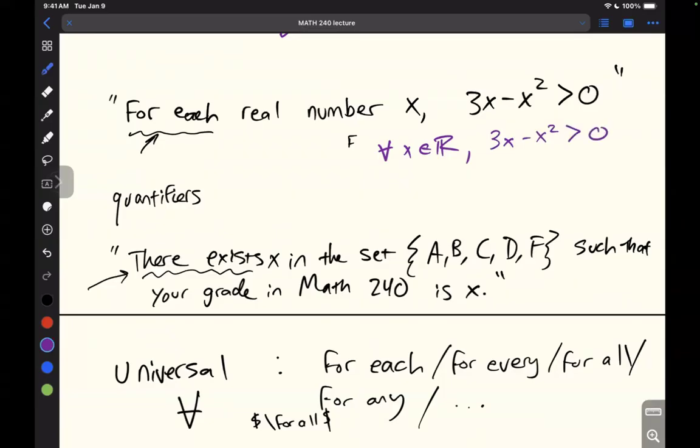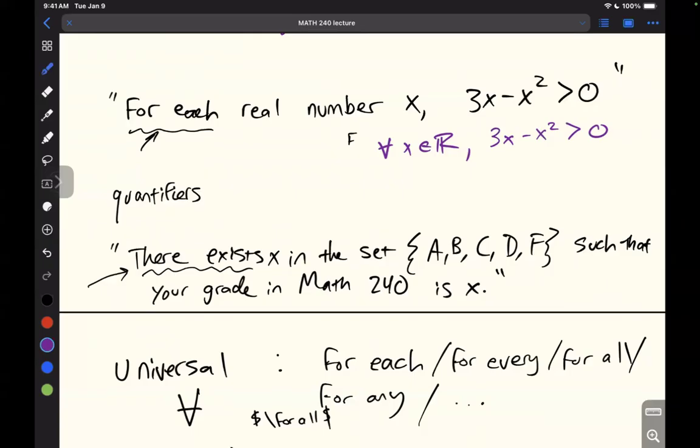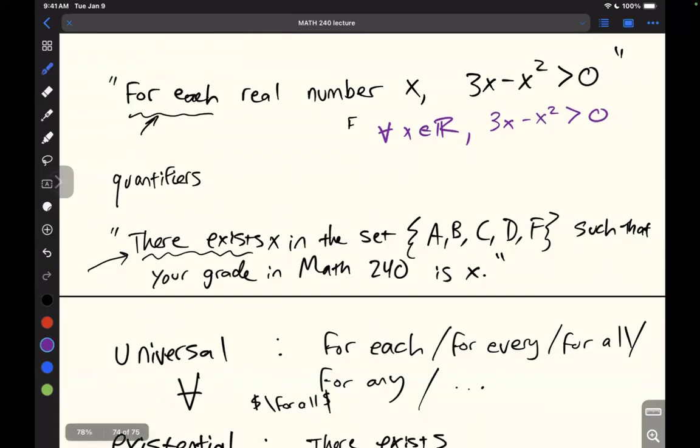And that's how we write it in symbols. And for this one, we can say there exists some grade X in the set A through F. I know E is not included, but in the interest of time.